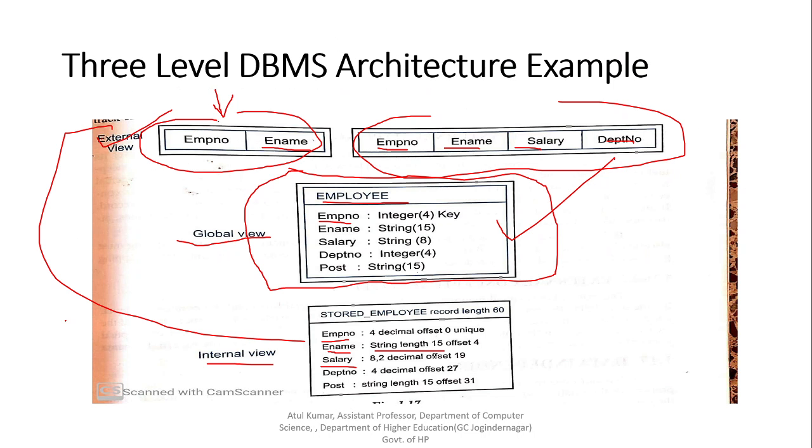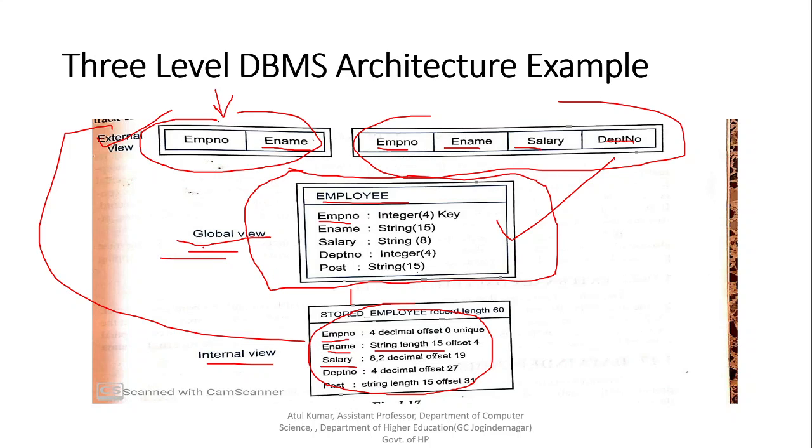This means, suppose if we have changed some important characteristics of the internal view, then it does not affect its above level, that is the global view or the conceptual view. So we can make changes in one level without affecting its above level.